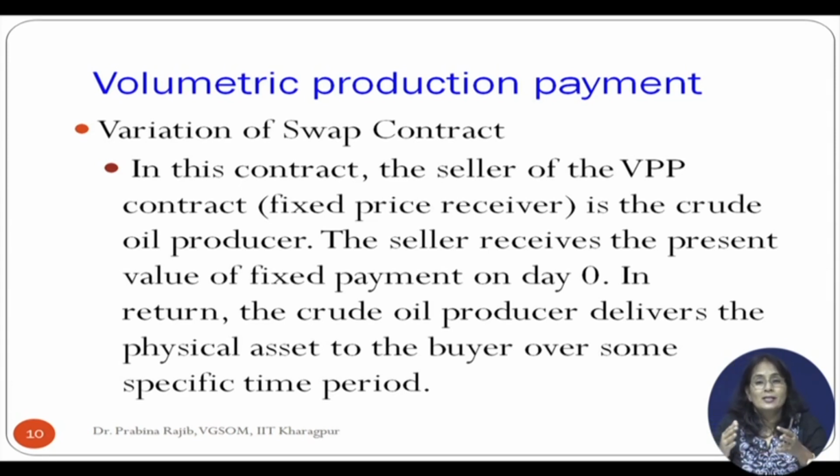So if both parties have agreed to a contract of 3 years and payment is made on the notional volume every 2 months, the payment or receipt happens at the end of every 2 months.